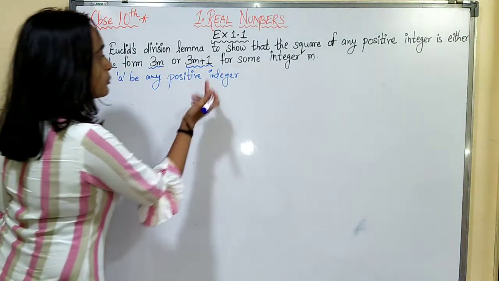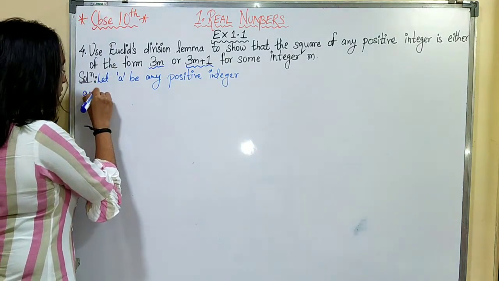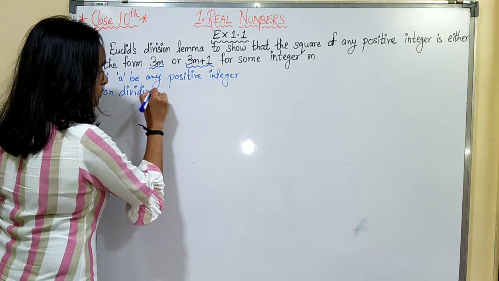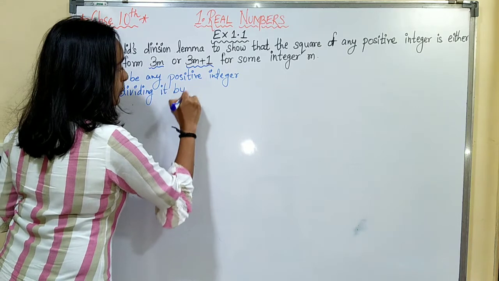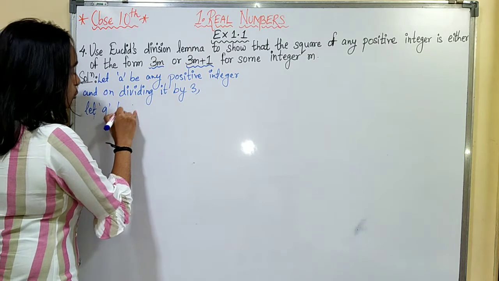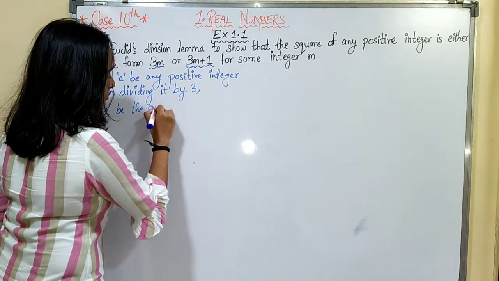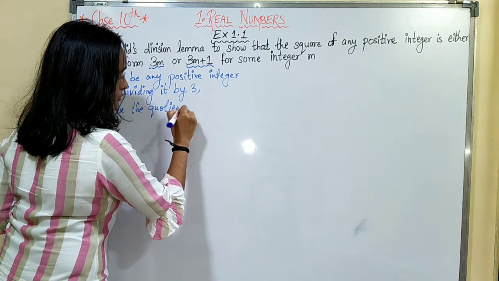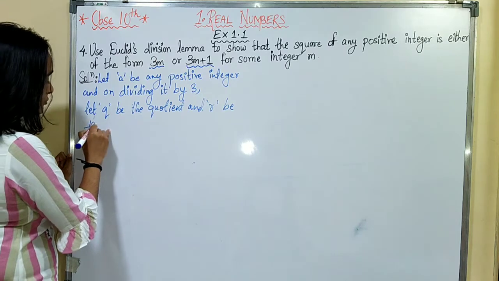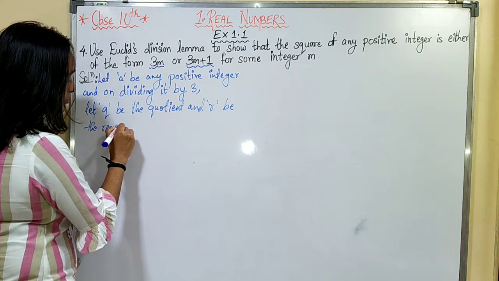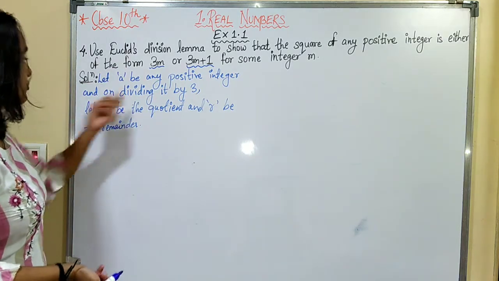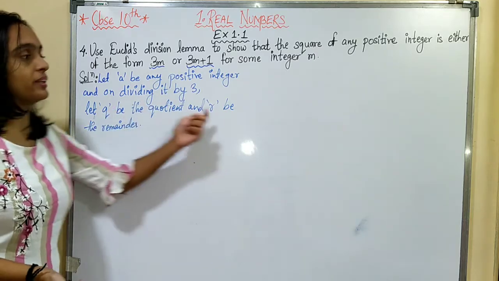So let a be any positive integer and on dividing it by 3, let q be the quotient and r be the remainder. So here a is divided by 3, and q is the quotient and r is the remainder.